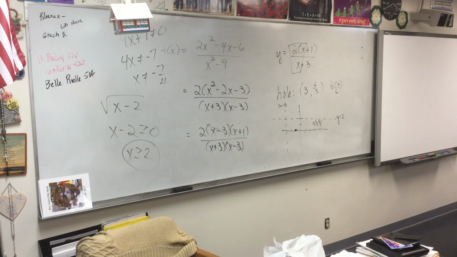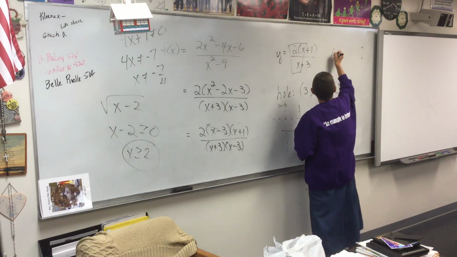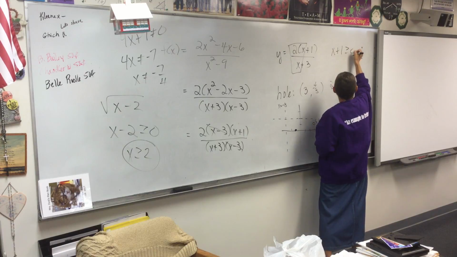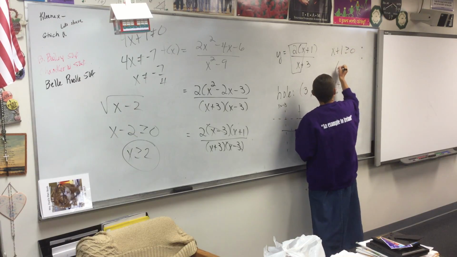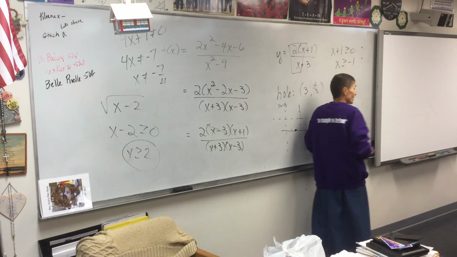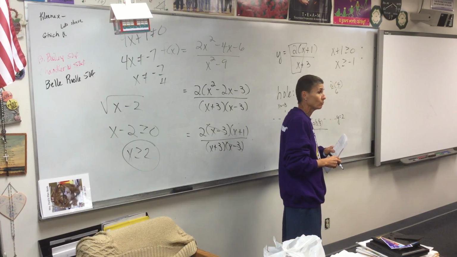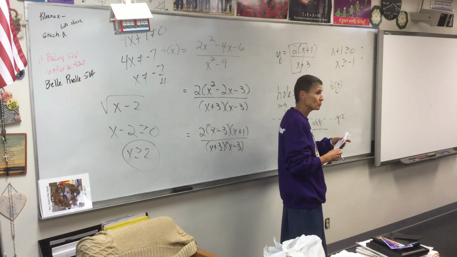Whatever is under them has to be greater than or equal to 0. So x plus 1 has to be greater than or equal to 0, which means x is greater than or equal to -1. Now, what was the other piece you told me?